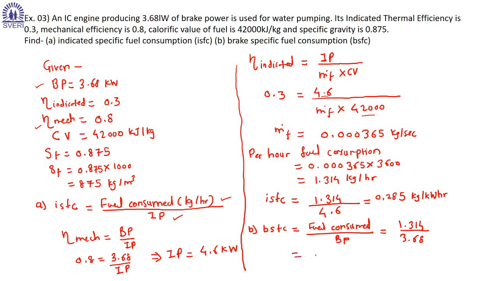So the answer will be 0.357. Again the unit will be the same, kilogram per kilowatt hour. So this is how we calculated ISFC and BSFC. Now we'll take the next problem.